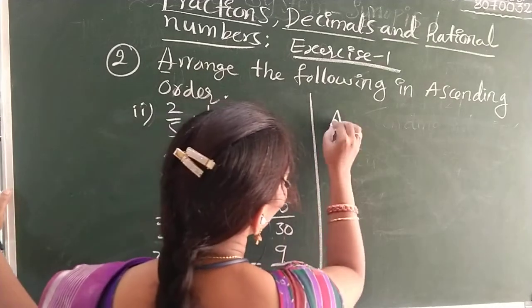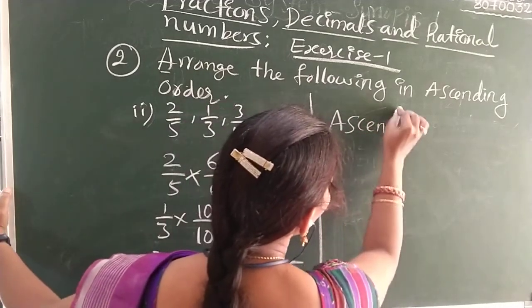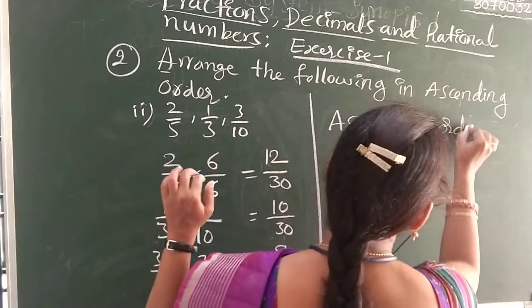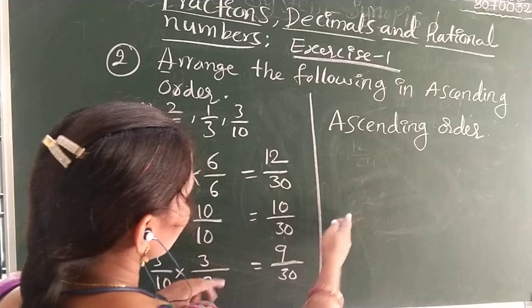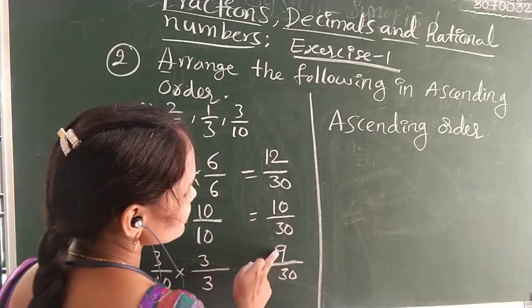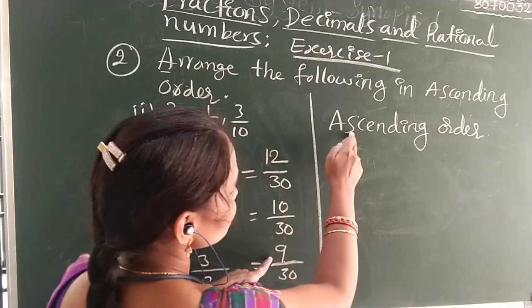Now you can write the ascending order. After getting like fractions, you can write the ascending order. See, compare the numerators: 10, 9, 12. Which is the smallest? 9. Why? Because ascending is small to big.